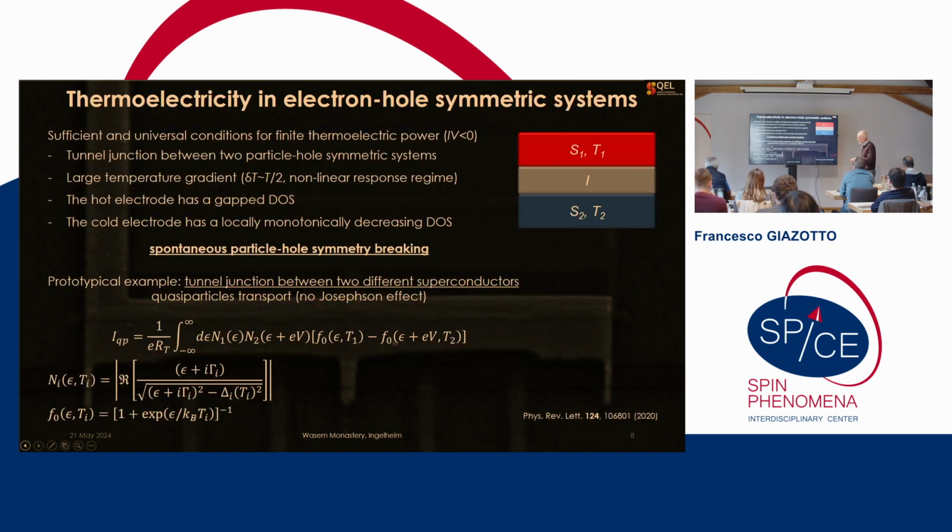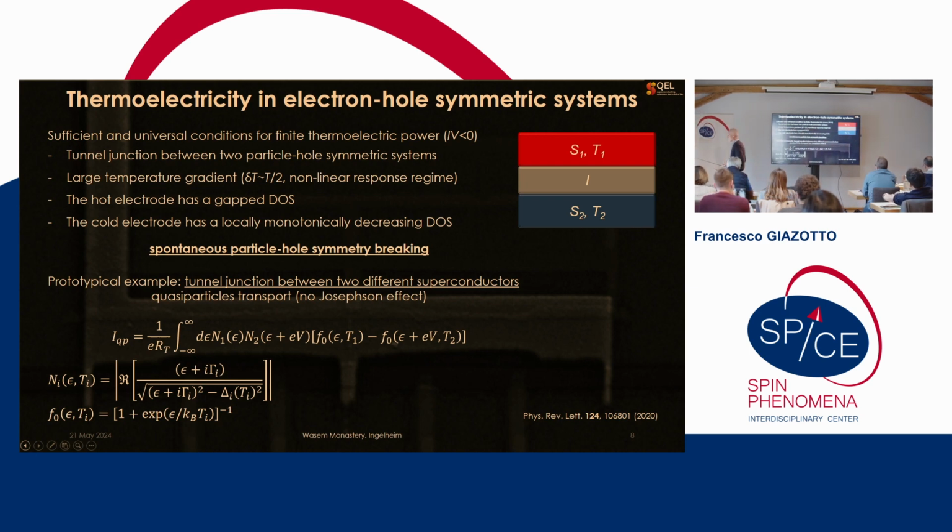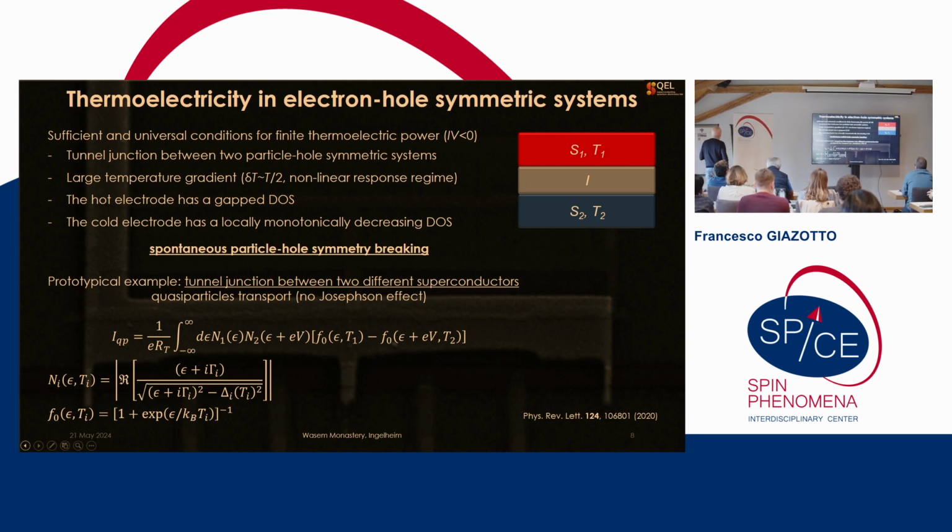So, thermoelectricity in an electron-hole symmetric system. The idea is, as I was saying, to give a different vision: to use a combination of quantum materials in order to produce a large thermoelectric response driven by large non-equilibrium. So the sufficient universal condition for finite thermoelectric power, meaning that the product of the current and the voltage, the power, is negative, is to have a tunnel junction between two particle-hole symmetric systems, okay, in the presence of a large temperature gradient.